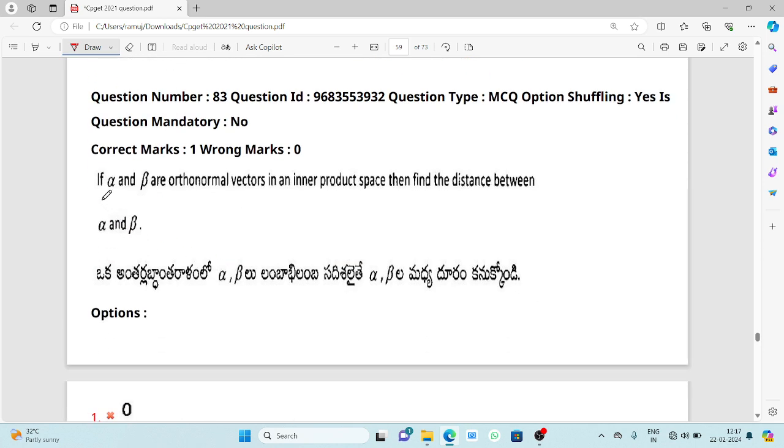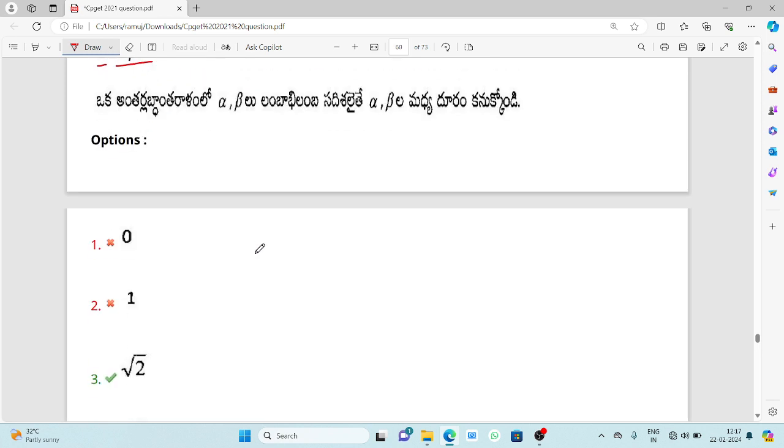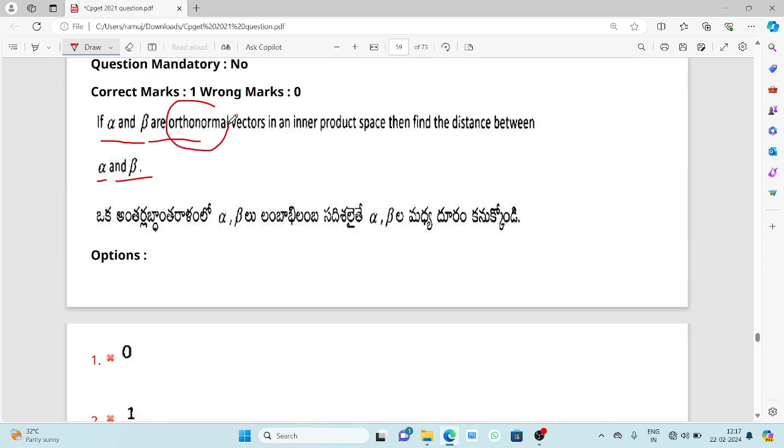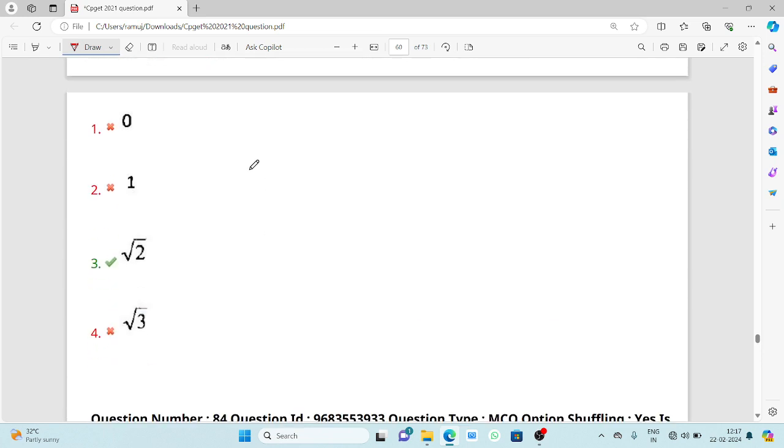The 83rd one: if alpha, beta are orthonormal vectors in an inner product space, then find the distance between alpha and beta. So we know that when we call it orthonormal, if you take two vectors v1 and v2 and do the dot product, it goes to 1.